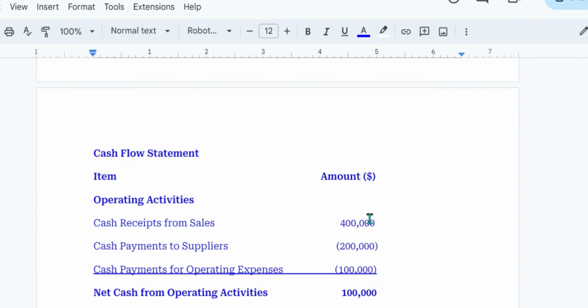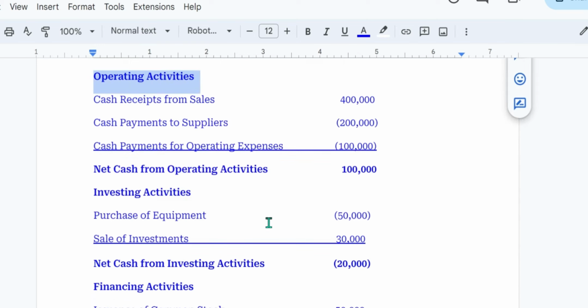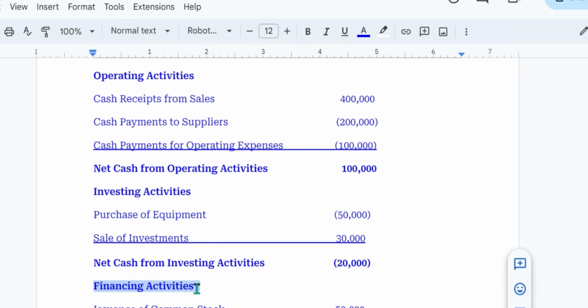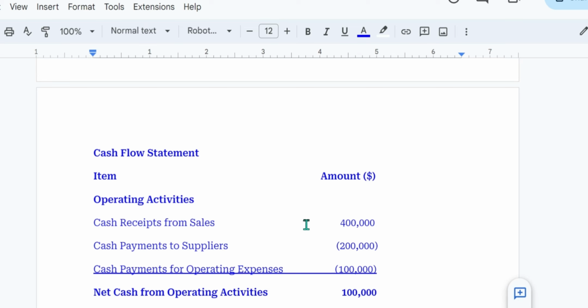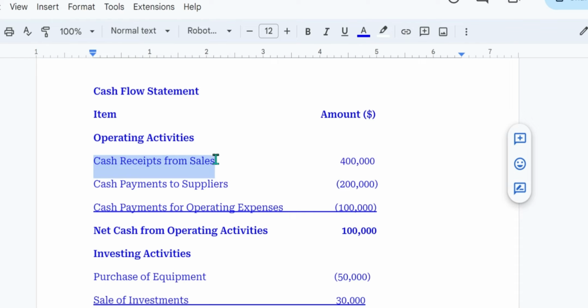Next, we look at a cash flow statement. The cash flow statement has 3 sections: operating activities, financing activities, and also investing activities. So we start with operating activities. And this is cash generated from the company's normal operations. Here we see cash receipts from sales, 400,000. That's a cash inflow.